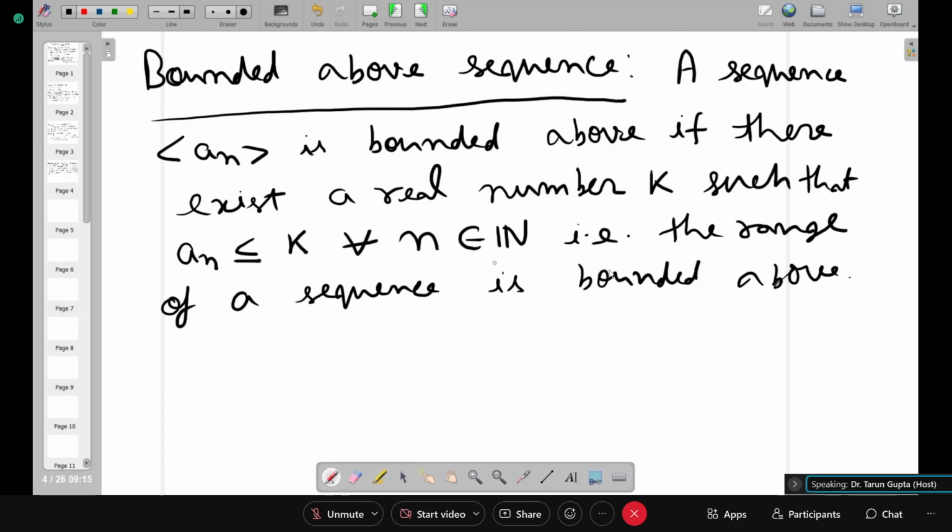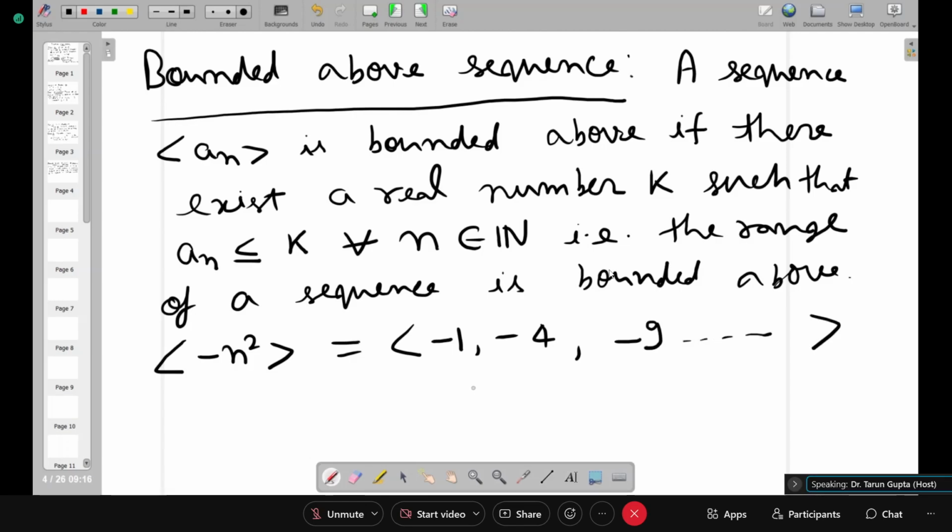This is the bounded above sequence. So now, for example, if I am writing this sequence, the terms in this sequence will be -1, -4, -9.